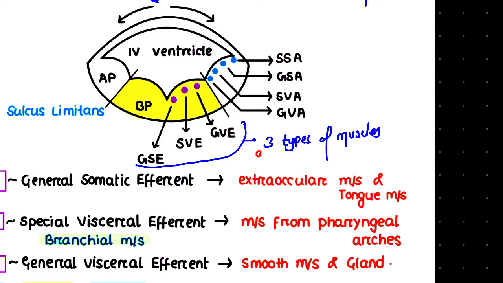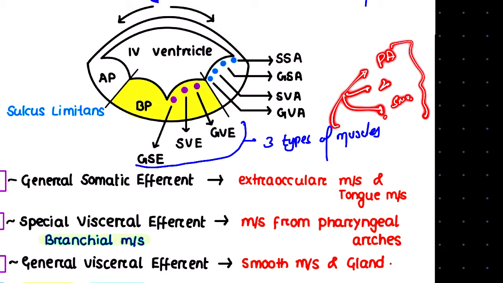Because they need to supply three types of muscles. One, the skeletal muscles from pharyngeal arches. Two, the skeletal muscles derived from somatomeres or somites, which are the hypoglossus muscle and extraocular muscles. And another is the smooth muscle and glands. These are the muscles that need to be supplied.